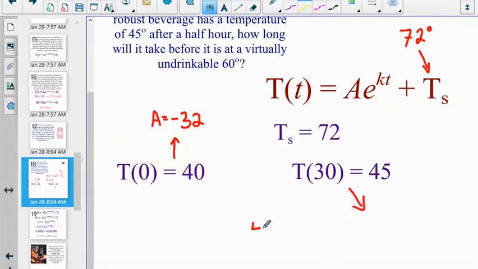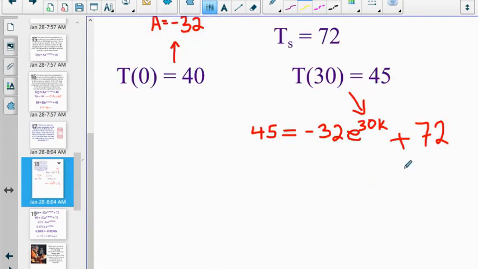I said that when the temperature is 45 degrees, this will be equal to negative 32 times e to the k times 30. I don't know what the value of k is, plus my surrounding temperature of 72. Here I am going to cheat and just talk you through the algebra. For the third time, subtract 72, divide by negative 32, natural log, and then divide by 30.